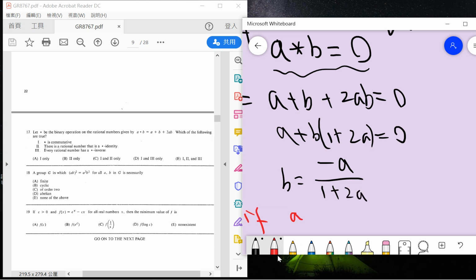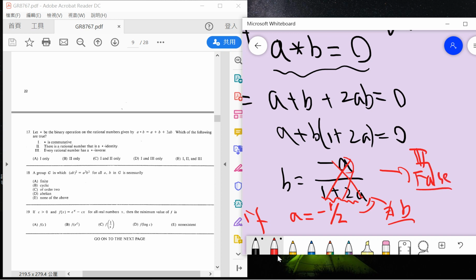So if A is negative half, then there's no B, right? Because if A is negative 0.5, then this blows up. So there's no inverse, and this is false. So for this one, we need to choose that the first one and second one are correct. We choose C.